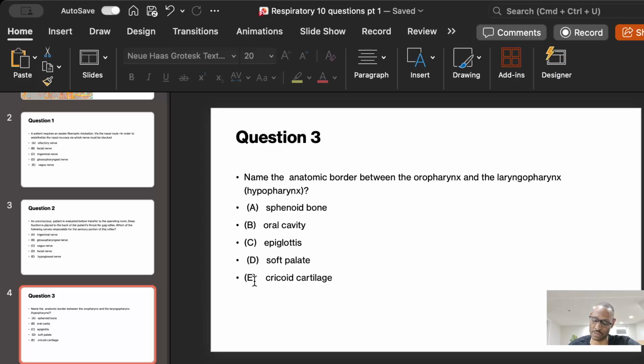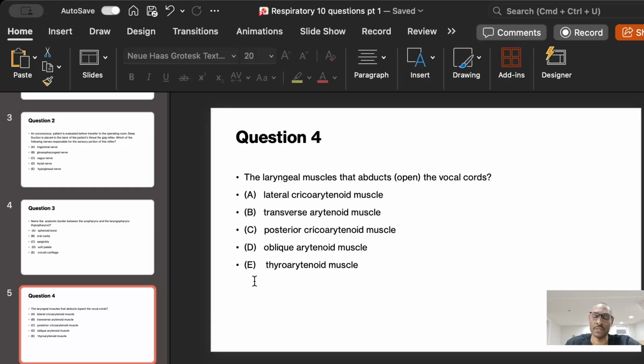Then number four is this laryngeal muscle that abducts. So this is going to be vocal cord anatomy, or muscles.